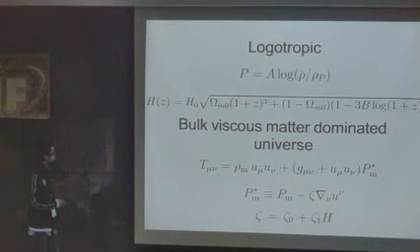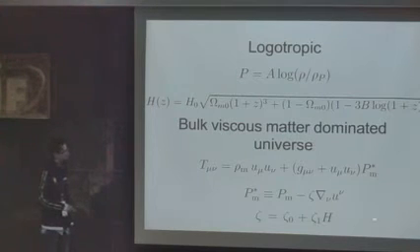But when you are imagining some dark fluid with these characteristics, you should say something about what this viscous parameter is. In this case, we adopt that this viscous parameter is given by some parametric function of the Hubble parameter.